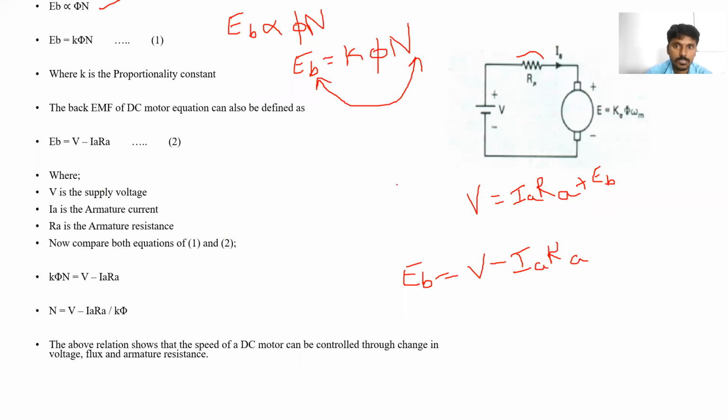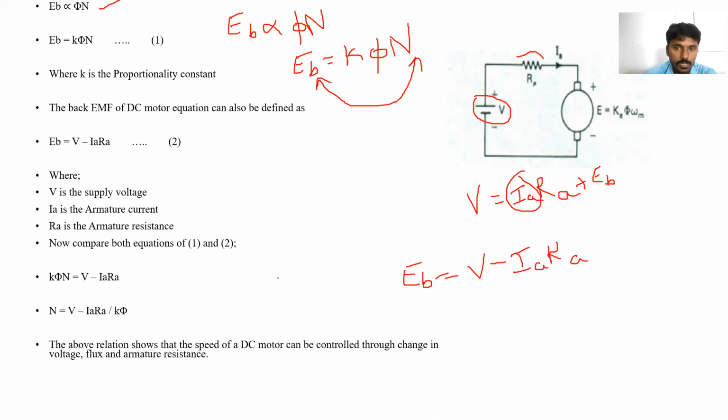Here V is nothing but supply voltage, EB is nothing but back EMF, IA is nothing but armature current, the current which is flowing through the armature circuit. And RA is nothing but armature resistance. Whatever the armature winding is there, it is having some resistance. That resistance can be called as armature resistance.